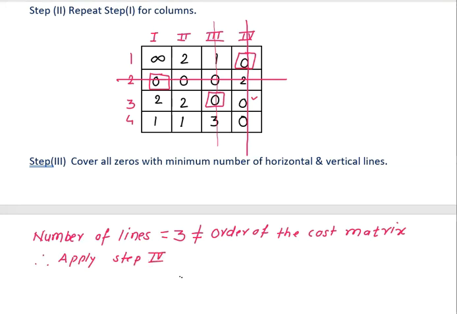What is step 4? We require the smallest uncovered number. So what are the uncovered numbers here in this cost matrix?